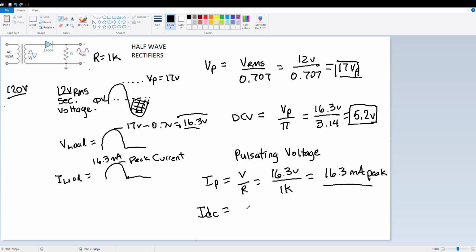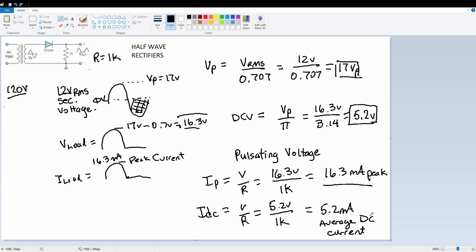So we'll use, in this case, the same equation, V over R, but we will use 5.2 volts divided by 1K, which is equal to 5.2 milliamps. Now this is my average DC current. Okay, now I hope that helps you understand a little bit about these power supplies.